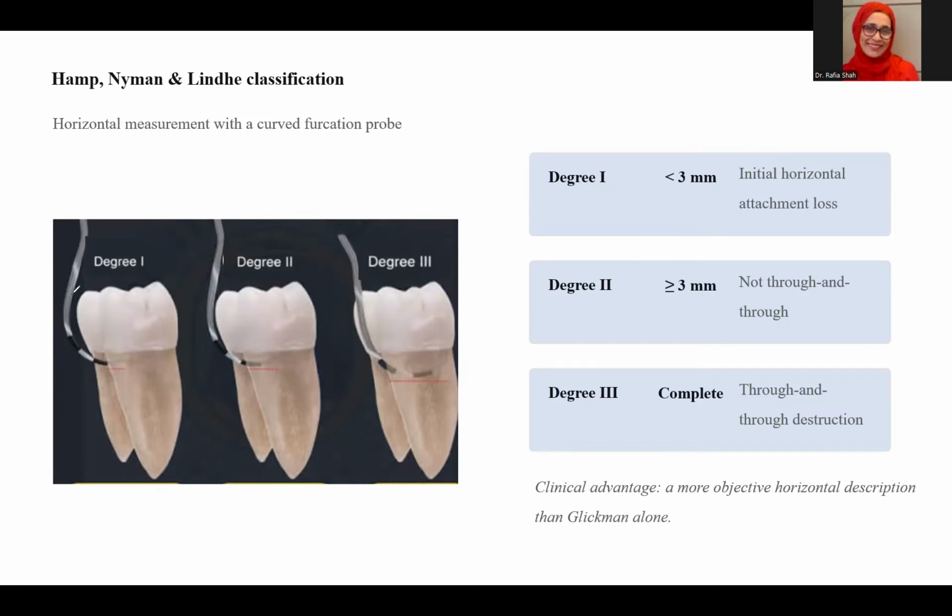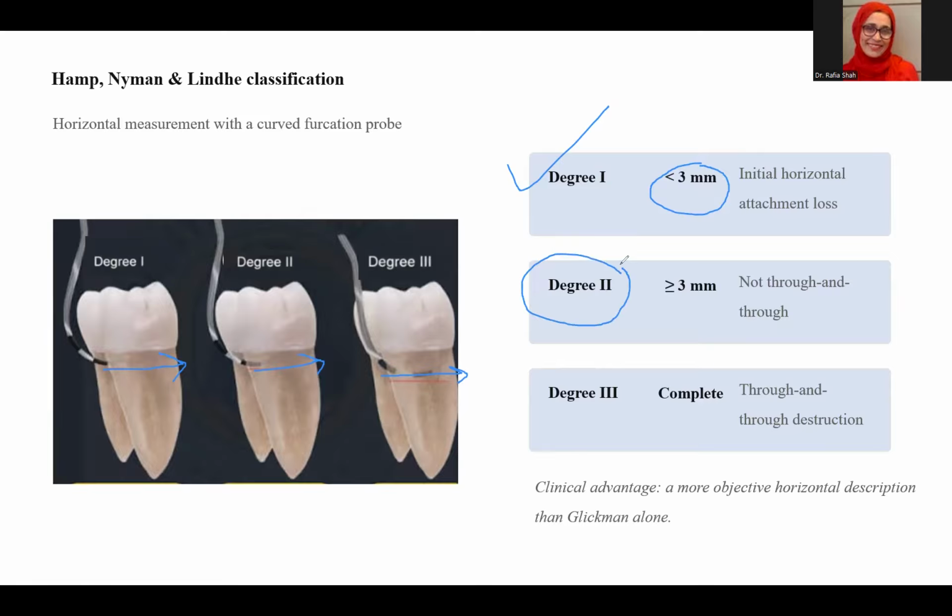So according to them, if we put the probe in, and they are looking at the horizontal loss, the probe is going this way, so there is interradicular bone present through all this passage. They say degree 1 means less than 3 millimeters of the probe length goes in. So there is less than 3 millimeters of bone loss in a horizontal direction. It is called degree 1.